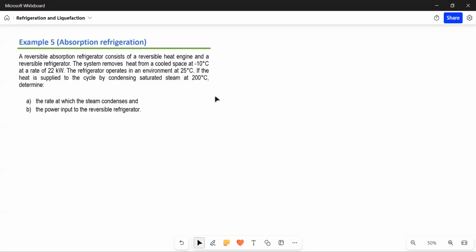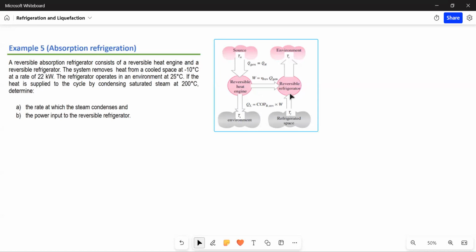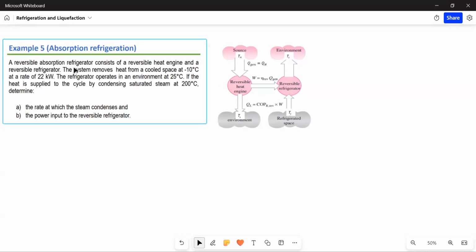Okay, let's solve this problem on absorption refrigeration. But before that, let me paste the drawings. So we're given a reversible absorption refrigerator. It consists of a reversible heat engine and a reversible refrigerator.